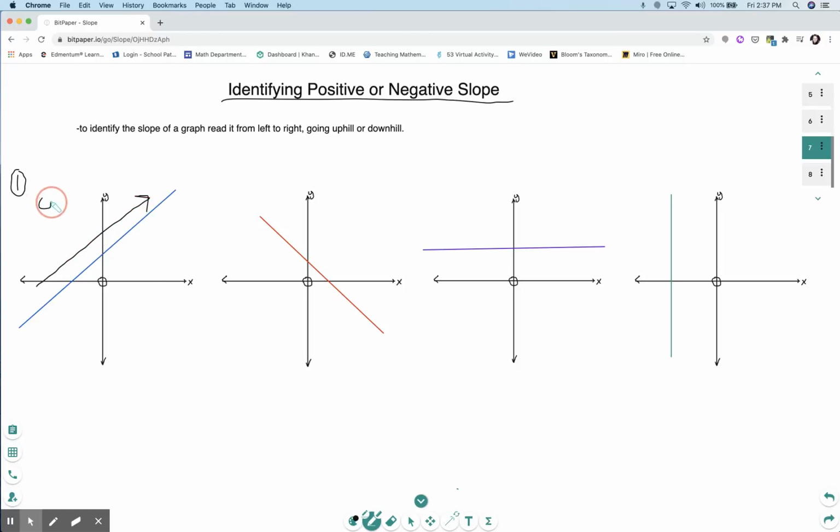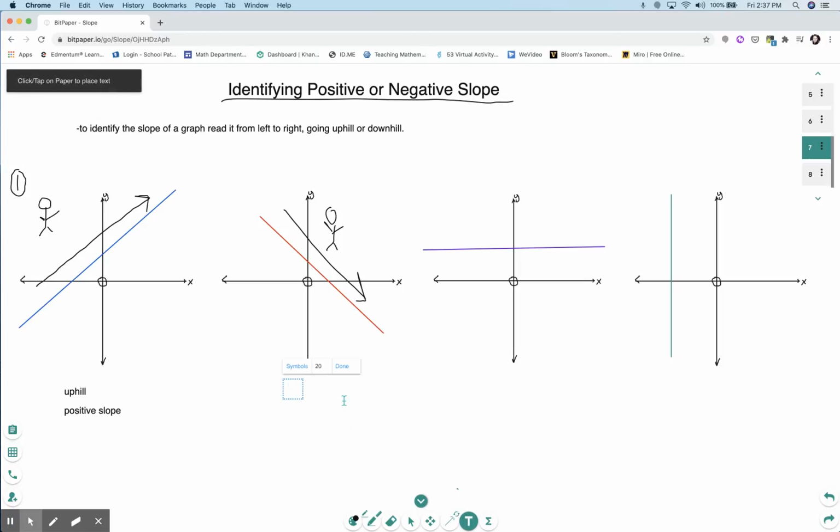You can even draw your little running person. They are running uphill. So this is a positive slope. All right, let's move on. I draw my arrow from left to right and determine if it's uphill or downhill based on which way my person is running. This one is downhill, so it is a negative slope.